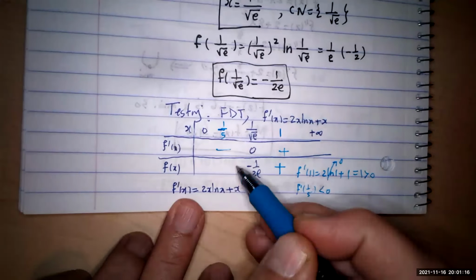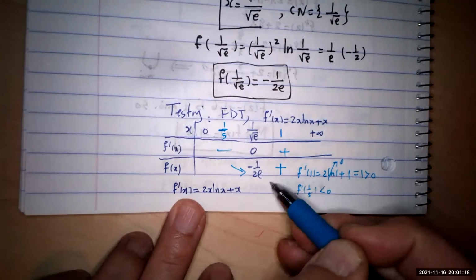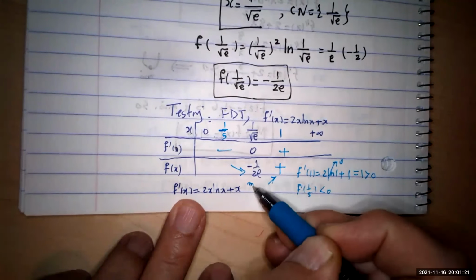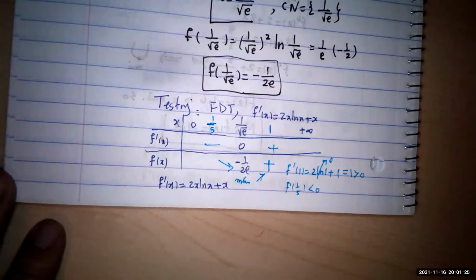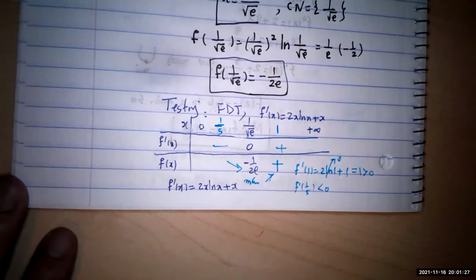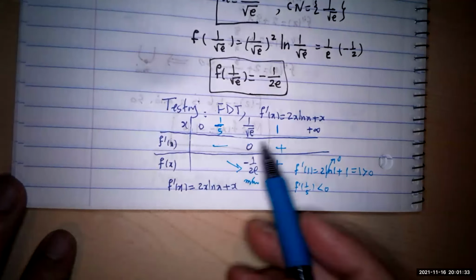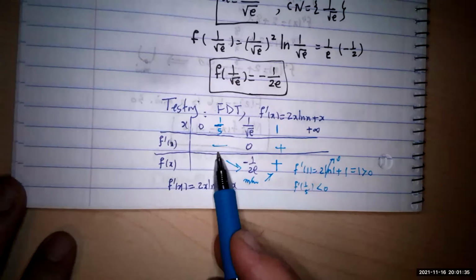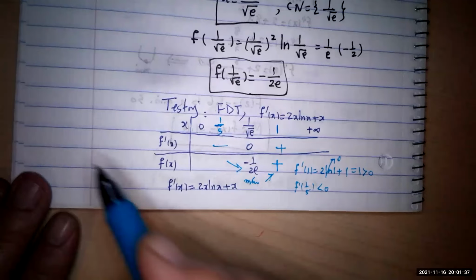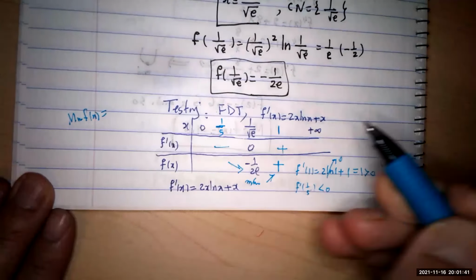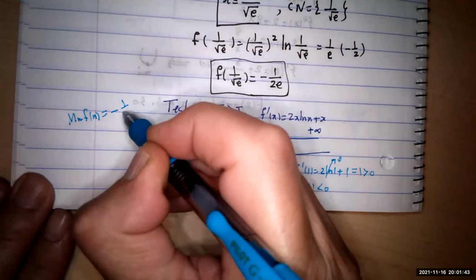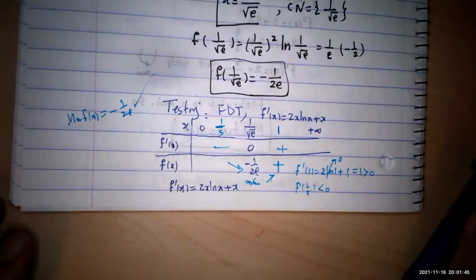So that would be negative, so it's going to be down, up, and you get the minimum that you are interested in. As you can see, because the numbers are not straightforward, you have to use your calculator to finish it. You get the negative sign here and the positive sign here, so the function would have a minimum. So the minimum value is negative 1 over 2E.